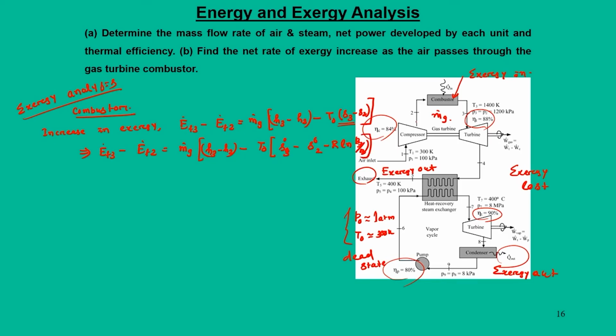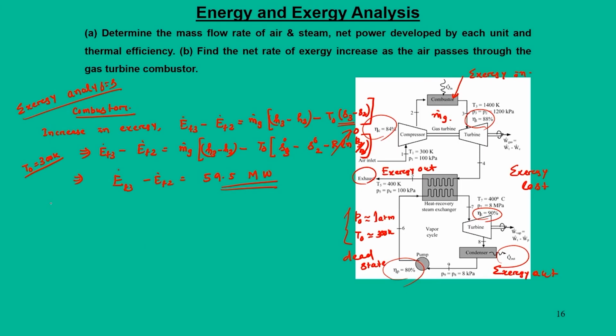There is no pressure change here, so this term goes to 0, and T0 is equal to 300 Kelvin. Ultimately, E dot F3 minus E dot F2 is equal to 59.5 megawatt.